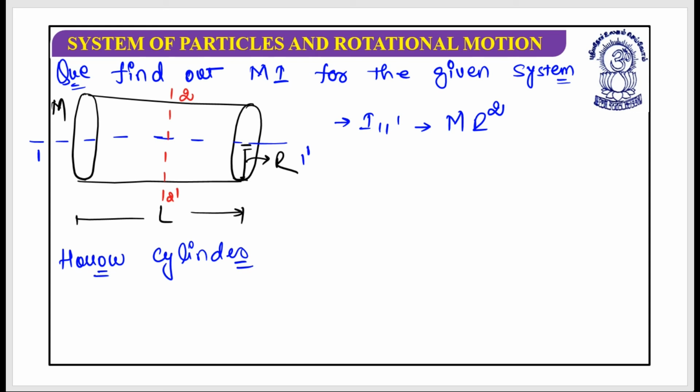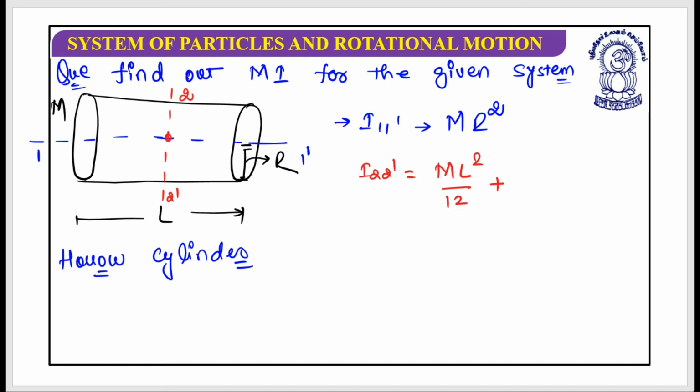So when I go for the I22 dash, I must understand that it will first behave as a rod which is rotating from the midpoint. So that could be written as m l square by 12 plus. Now if you convert this into two dimensions, this is the y-axis.